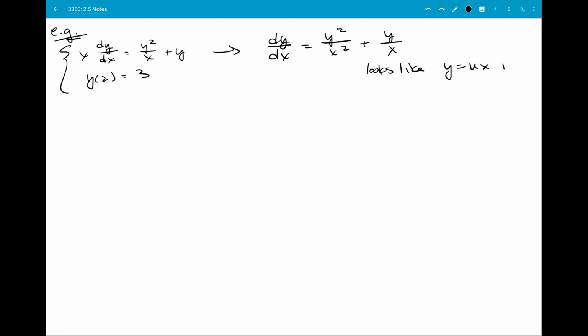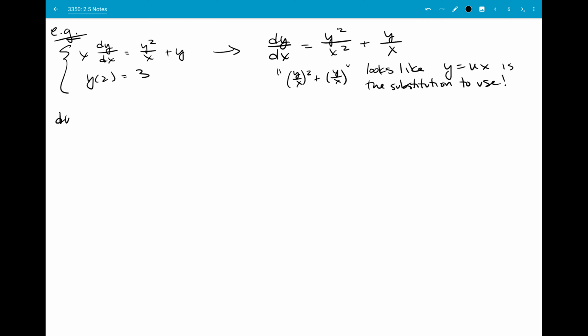That is the substitution to use, because I'm seeing y over x squared plus y over x. So that y over x is appearing all the way through, and this proportional relationship I think will help me out.